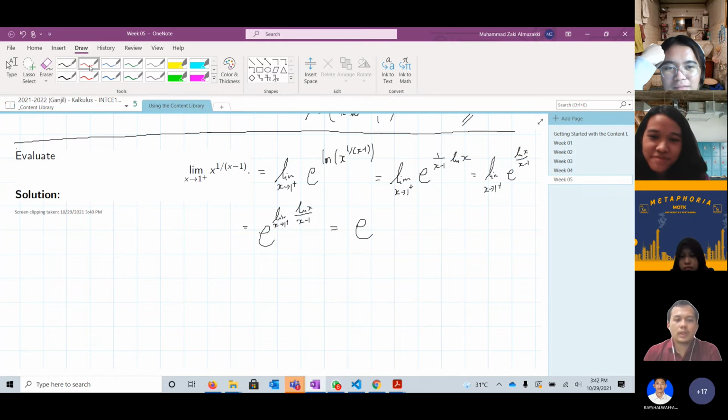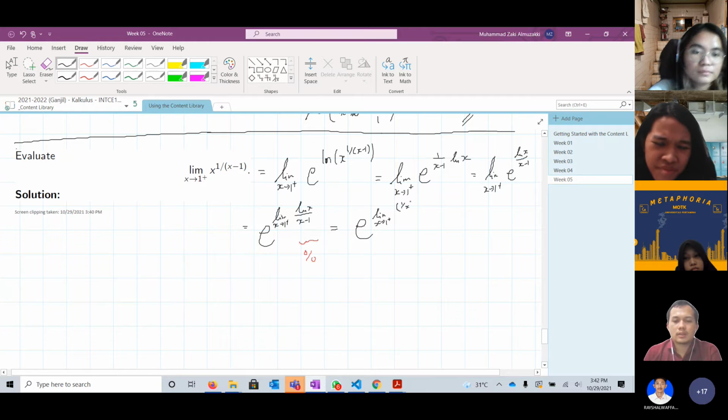Why? Because we have 0 over 0 here. Then we apply L'Hopital's rule. We have limit x goes to 1 from the right of 1 over x over 1, which is e power 1, which is e.